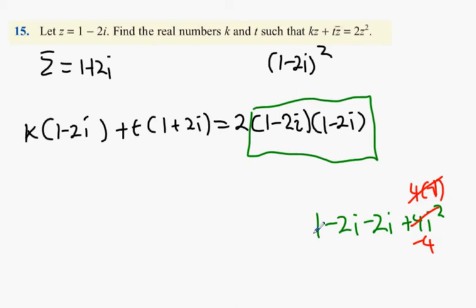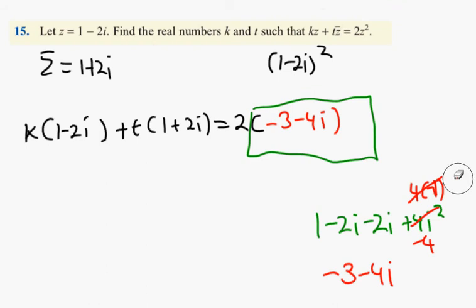So what's 1 minus 4? Minus 3. What's minus 2i minus another 2i? Minus 4i. So minus 3 minus 4i is what I'm going to put in here instead.